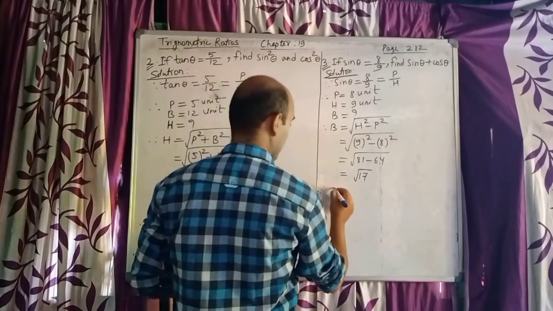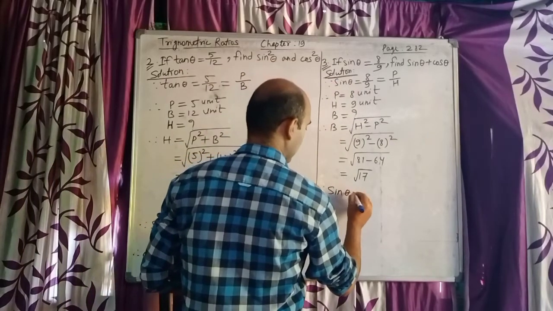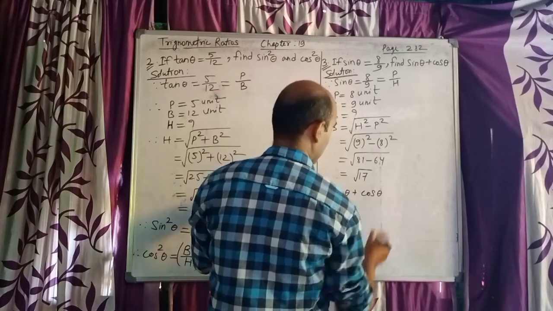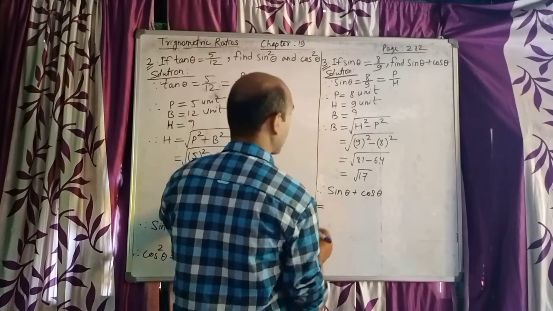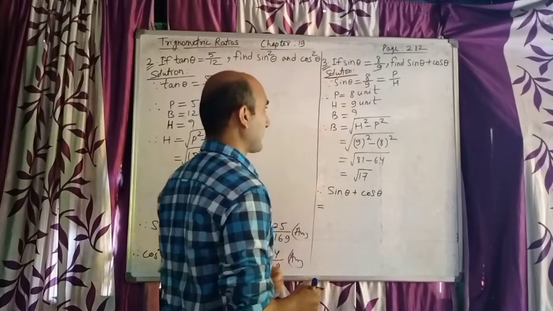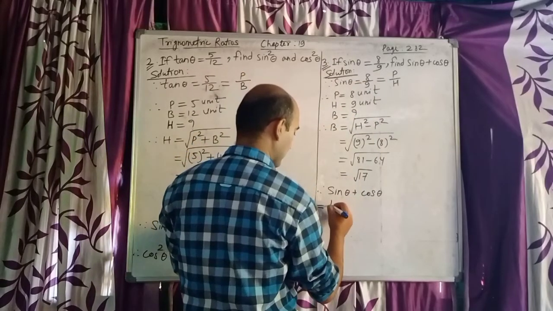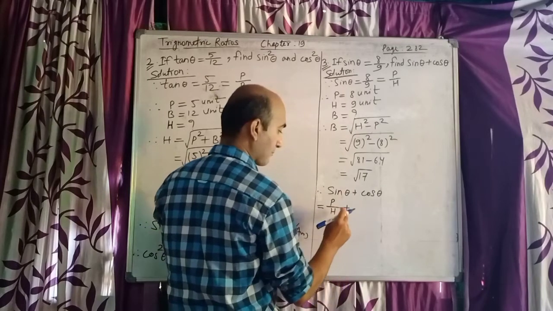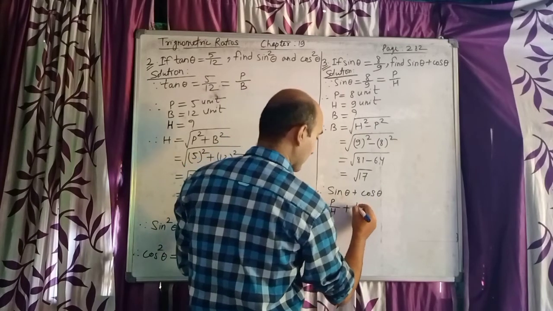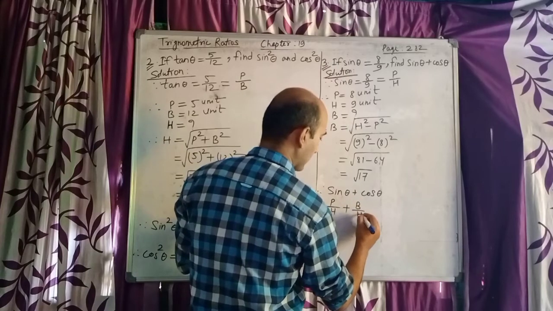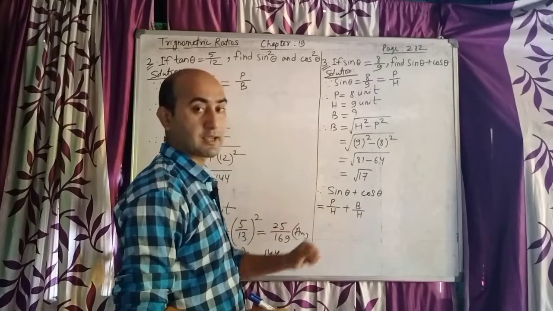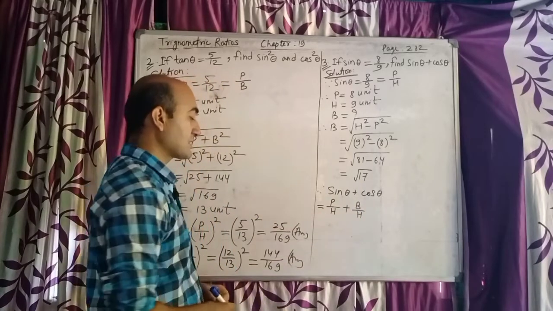So you have to write sin theta plus cos theta. Sin theta value is already given as 8 by 9, or you can also write p by h, plus cos theta, which is b by h, where b is base and h is hypotenuse.